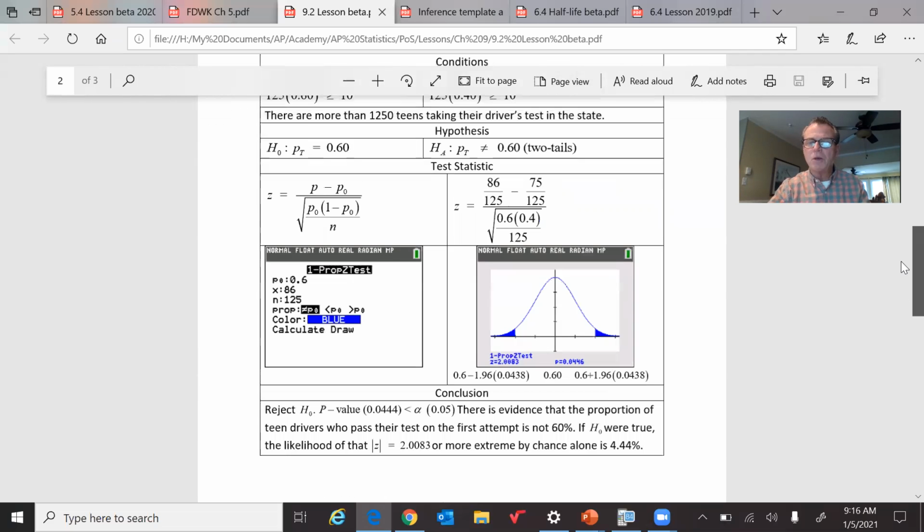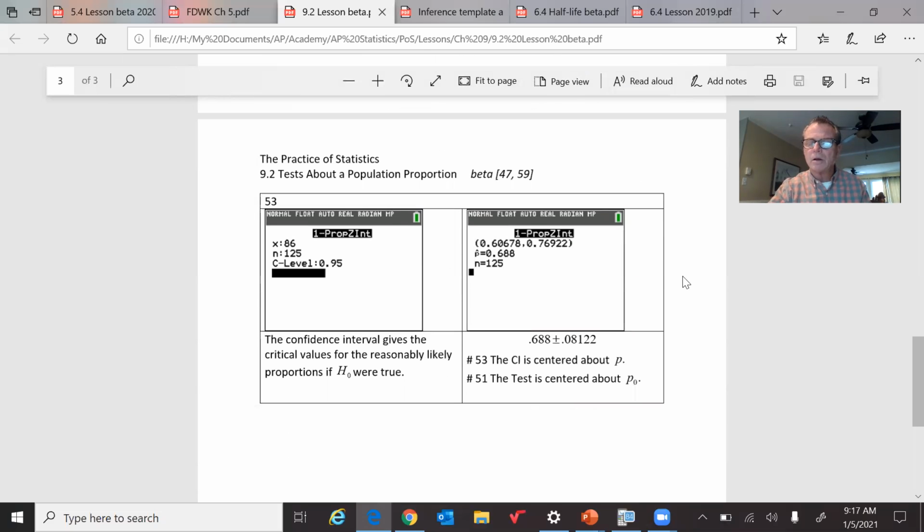If we back up to 51, this p-value, right down here, is less than 5%. If the p-value is small, we reject the null. Same data. The null is that the true proportion is 6/10. It's outside the interval. We reject the null. So those two approaches will complement each other. Okay?